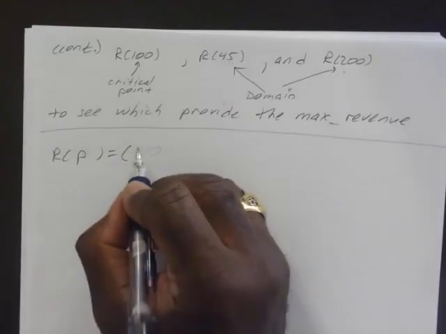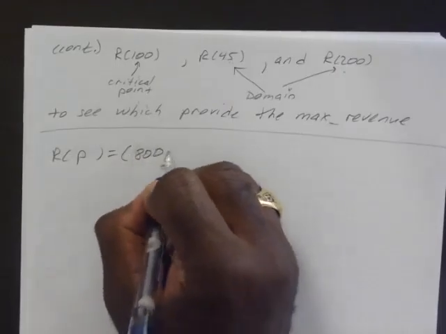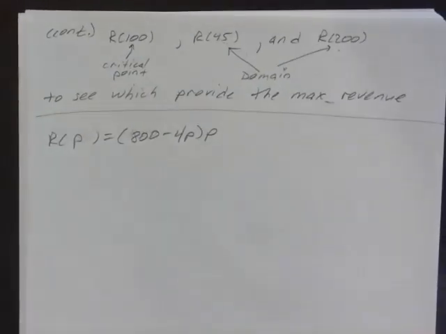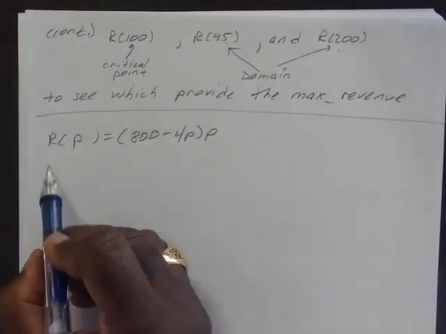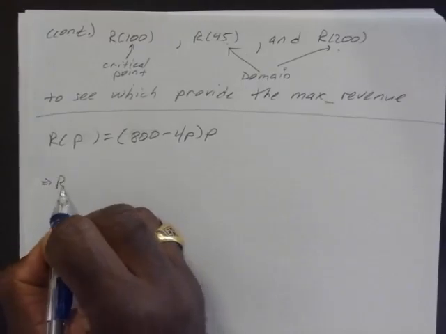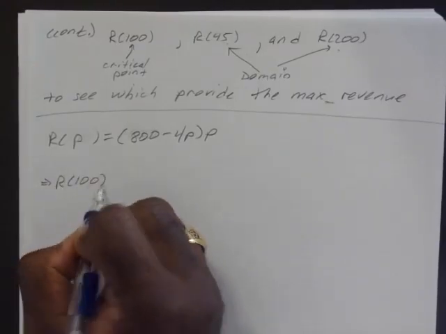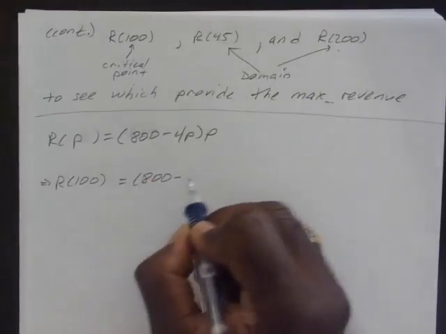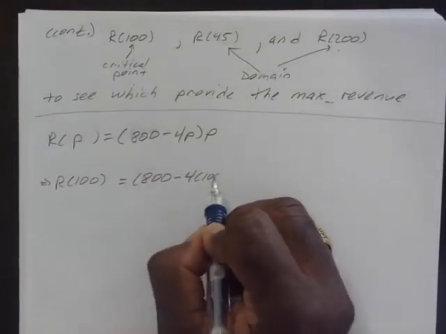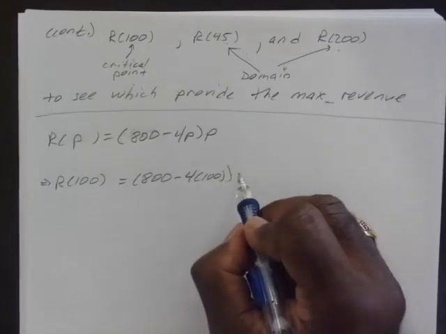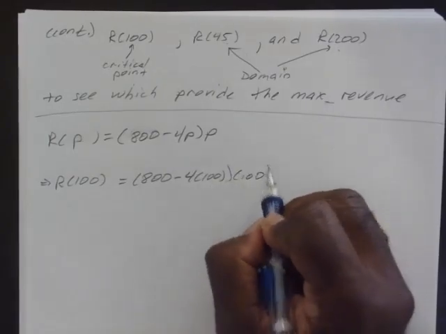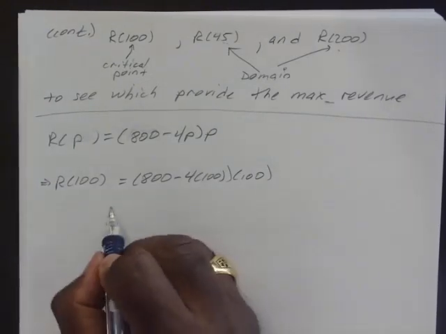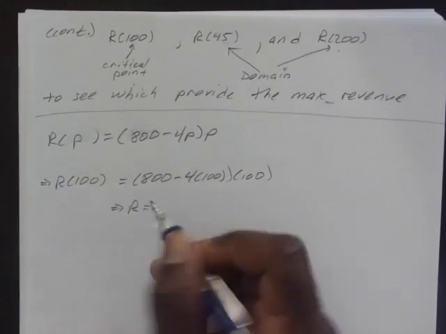It'd be a little easier to plug in. 800 minus 4p times p. So the revenue at $100 is 800 minus 4 times 100 times 100. Well, that gives us a revenue of $40,000.